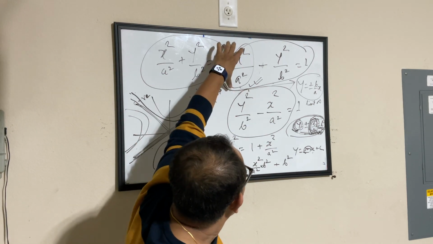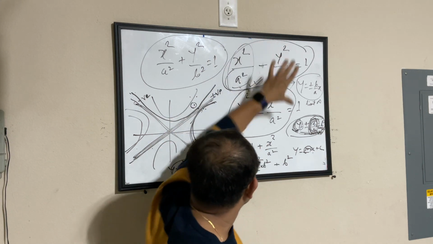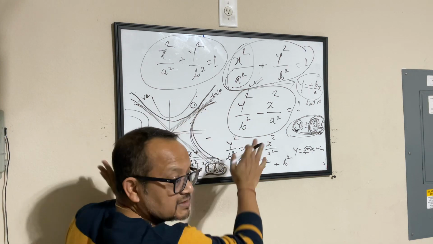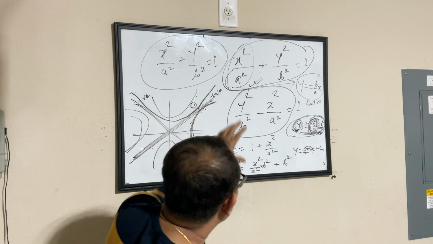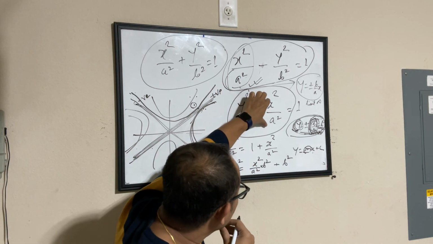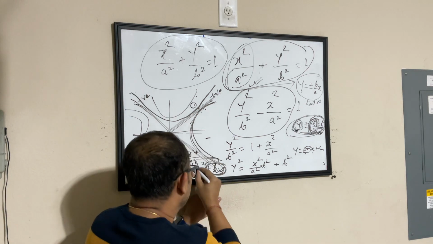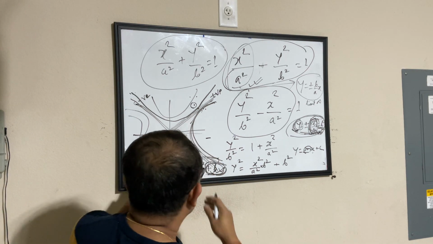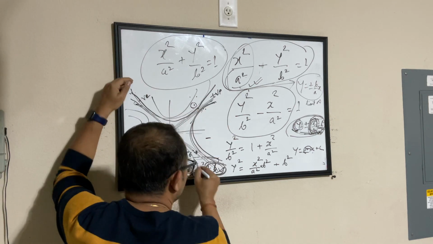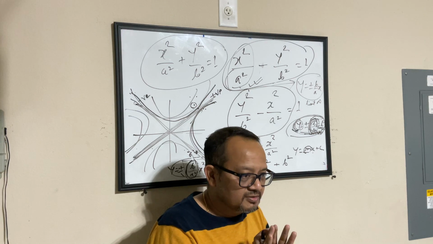When I had my x term positive and y term negative, this tells me that my hyperbola is facing sideways. When my y term was positive and x term was negative, my equation was having a plus here apart from the slope. That means it will be above this one, so it will be facing upward and downward. Is this part relatable?